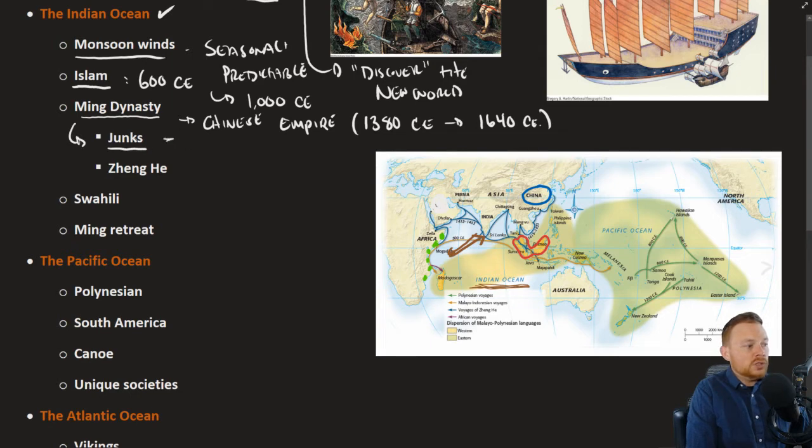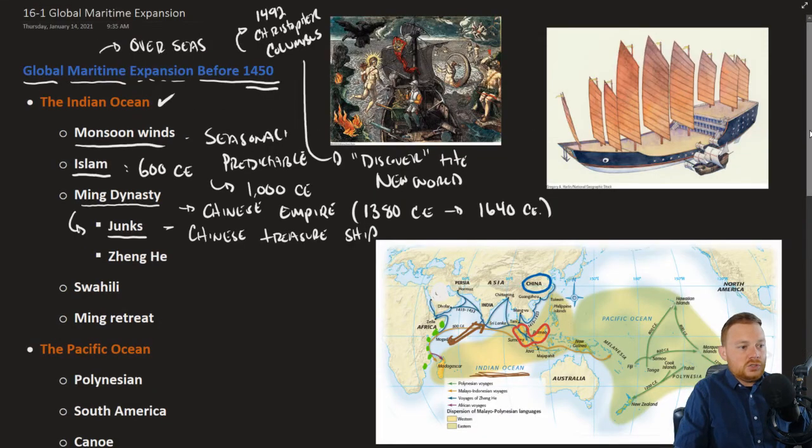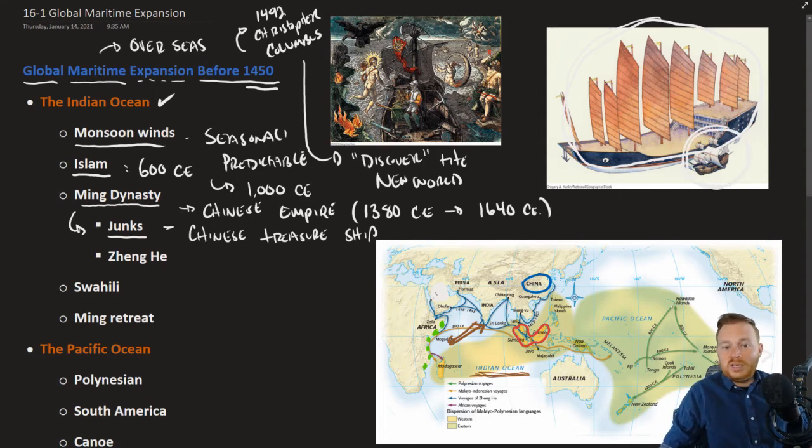So a junk is a Chinese treasure ship. And you can see a Chinese junk right here, right? That's an illustration of how big that is. This illustration also showing you a Portuguese ship just for comparison. So these were massive ships. Again, the largest ships that the world had ever seen.